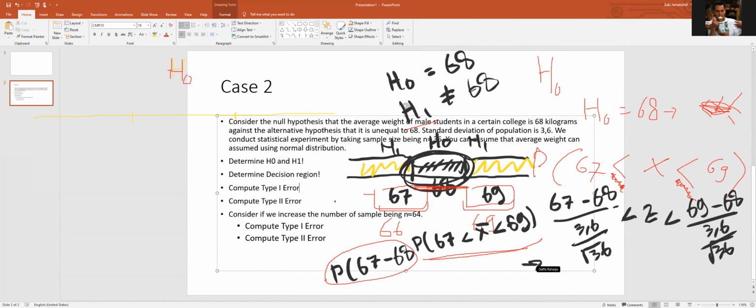Is this correct, sir? The upper one? For the computation, it seems to be correct. You can compute using a calculator and so on.